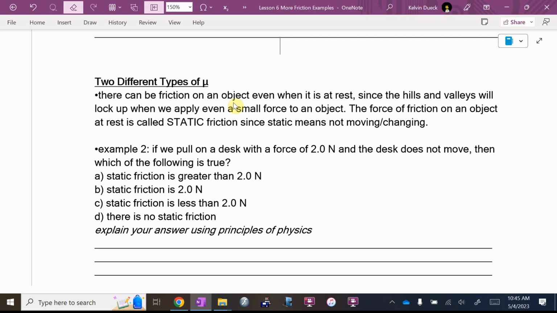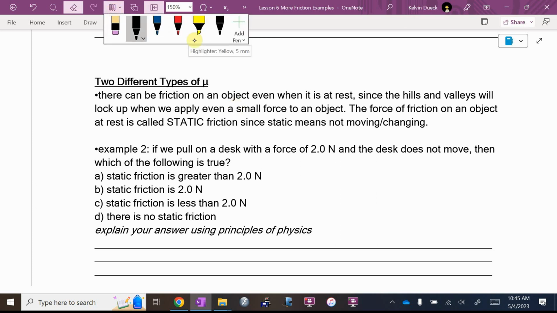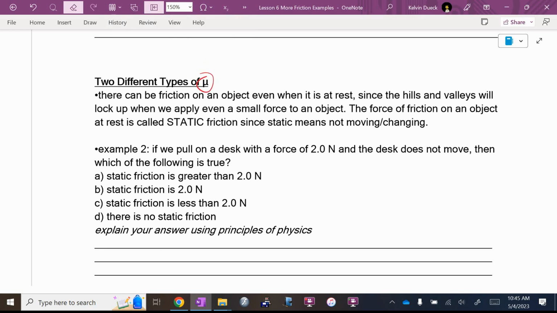And the reason is, technically, if I'm being correct and nitpicky, there's two different kinds of coefficients of friction. There's two mu's. There's a coefficient of friction when the object is at rest, and that coefficient of friction is a little larger. There's a coefficient of friction once the object is moving. Read along with me.